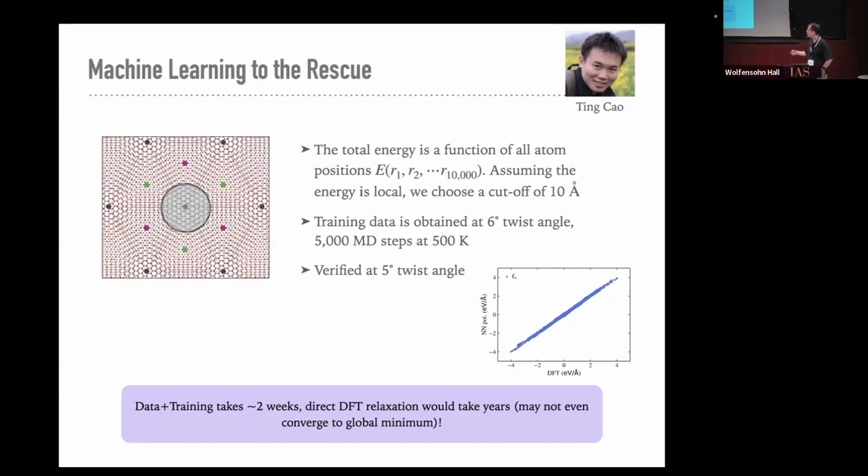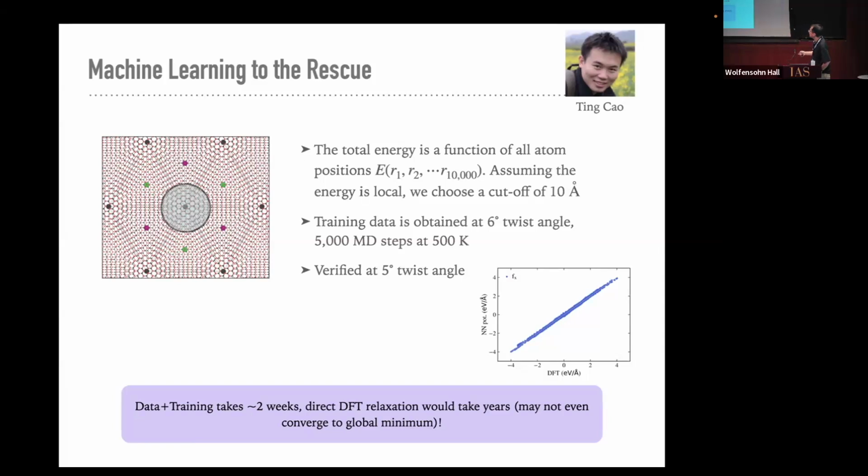Once we do that, our training data is generated by running the molecular dynamics simulation at 500 Kelvin. The reason is that we want the atoms to explore a lot of parameter space, but I still want them to stay in a physically reasonable space, right? So by running this MD simulation at a very high temperature, we can achieve that.